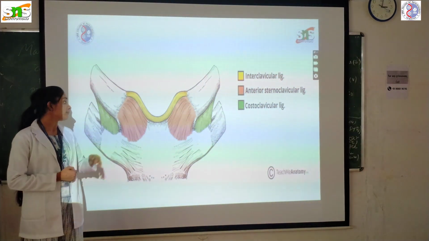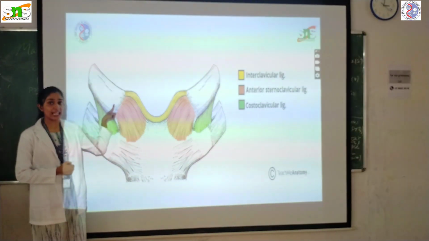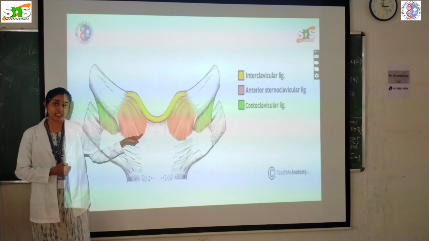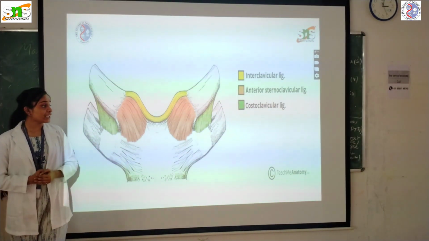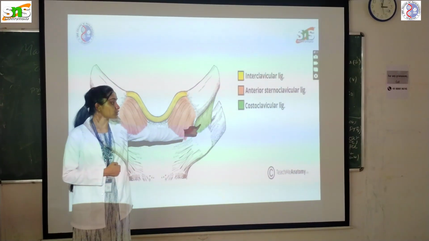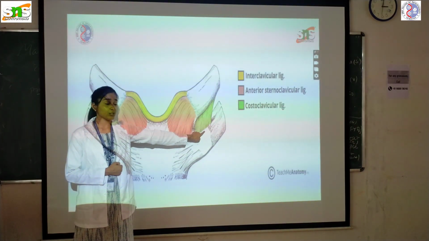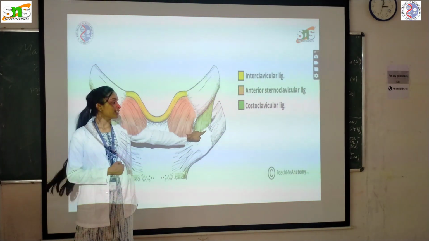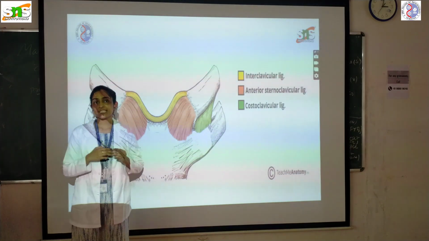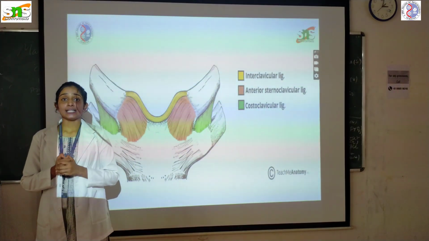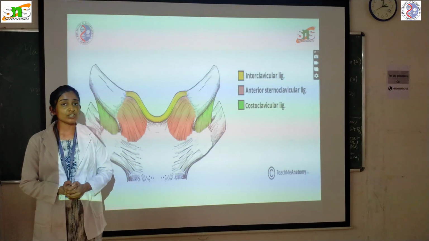Then you have your sternoclavicular ligament, which is connecting your sternum to your clavicle. Then you have the costoclavicular ligament, which connects your clavicle to the costal cartilage. So these are the ligaments that support your sternoclavicular joint.